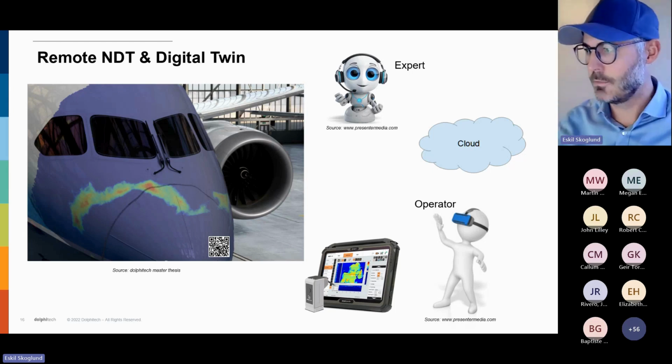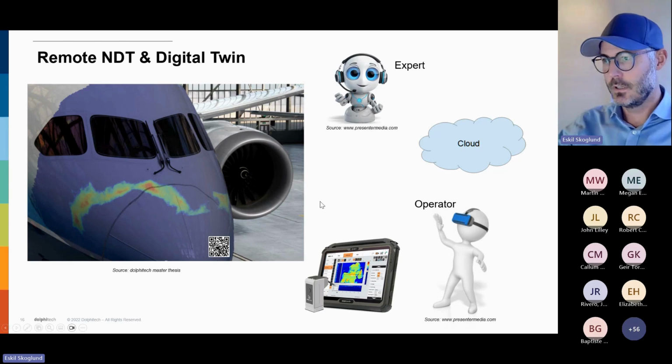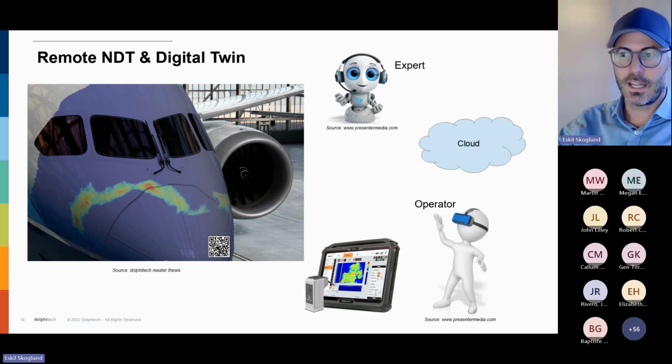So I'm sure all of you can imagine how this could be used, but just the digital twin part used manually would be tremendously helpful, I think, for someone that has a huge fleet of cars or windmills or planes.